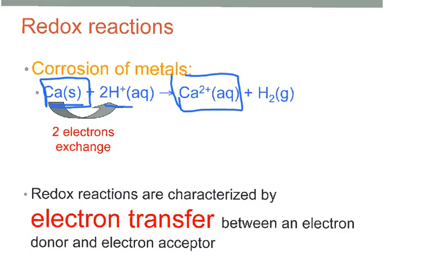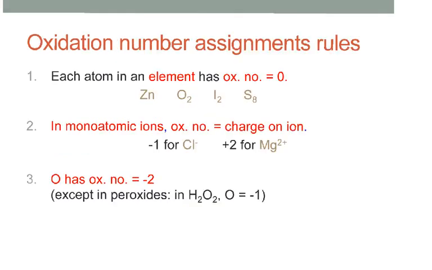So the main thing is being able to identify or assign oxidation numbers to different chemical species in a reaction, and that'll allow you to determine what is the electron donor and what's the electron acceptor. I'm going to tell you the rules next for assigning oxidation numbers.